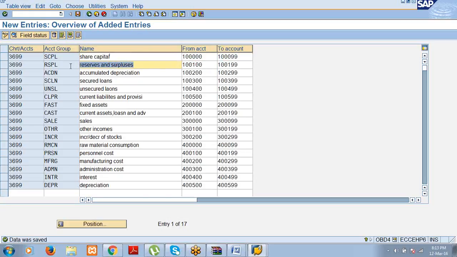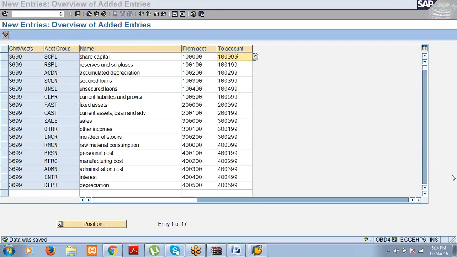Then for the reserves and surpluses, you start from 1 lakh 500. So suppose 1 lakh 99 is over, then you can extend the number before 1 lakh 500 for share capital. Clear, Shailaja? And Giri, this is also the answer to your question.